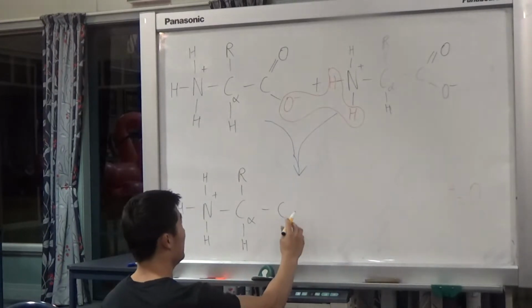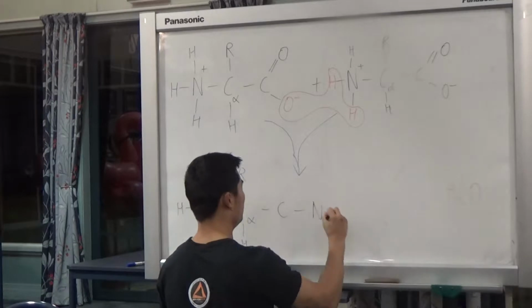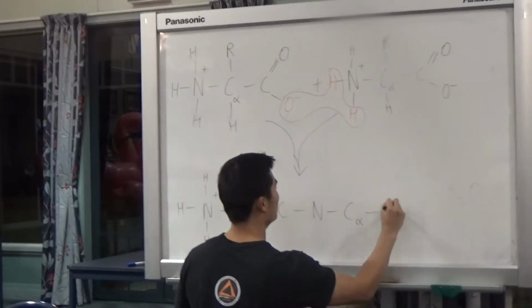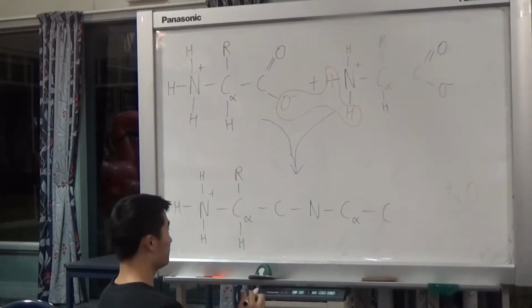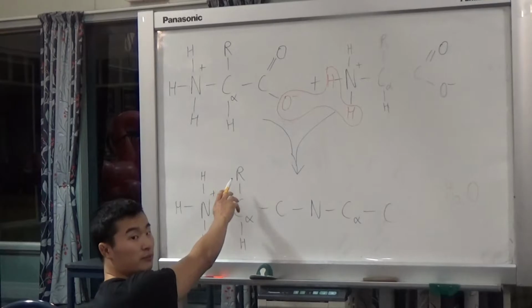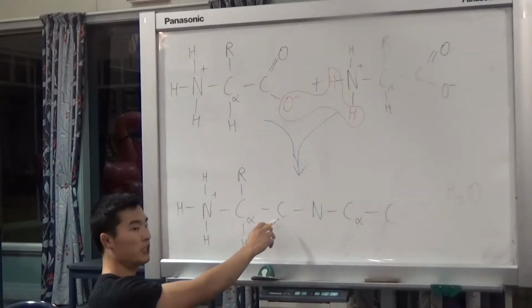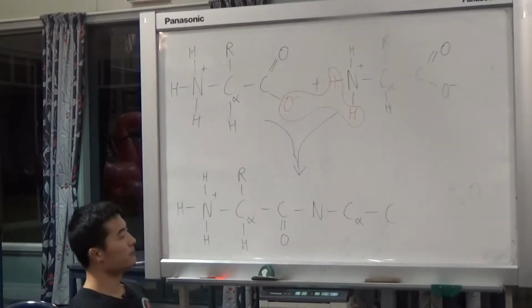So now it's going to be bonded to the nitrogen, and then you're going to draw the alpha carbon and the carboxyl carbon again. Okay. So remember that if the R group is on the top, the double bonded O is going to go opposite that. So it's going to go on the bottom.